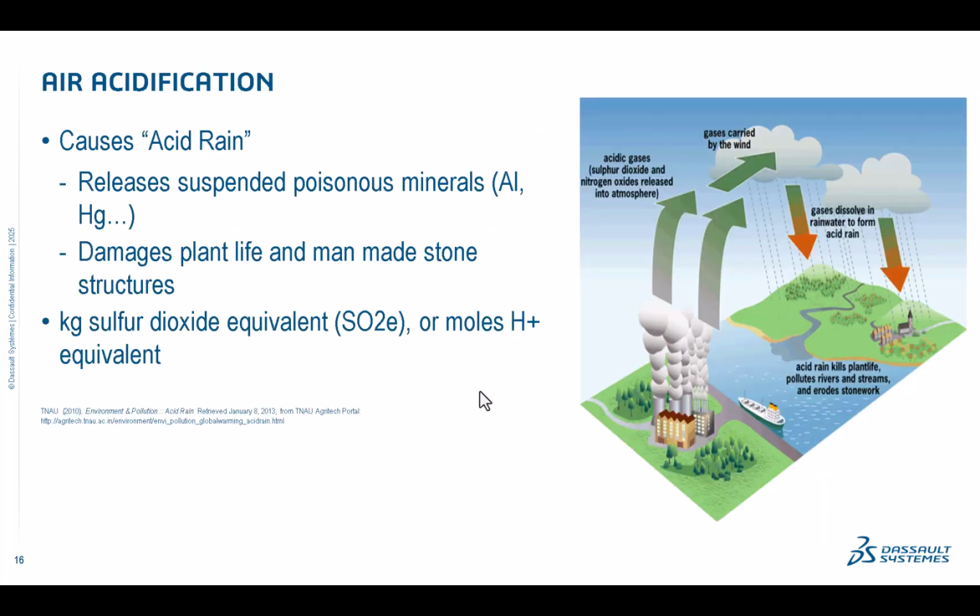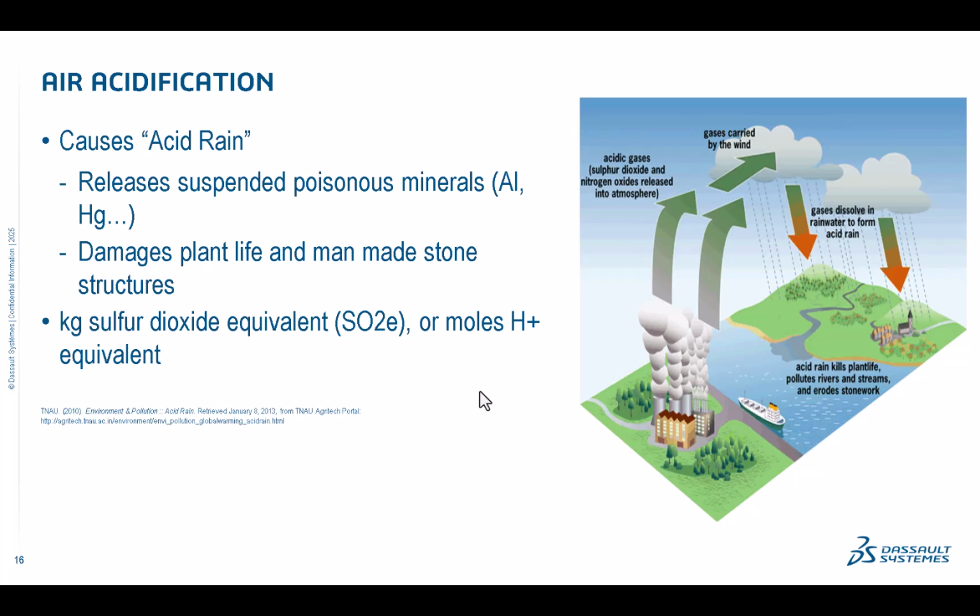Next is air acidification, so the release of sulfur dioxide and oxides of nitrogen into the atmosphere from industrial processes goes up into the atmosphere and then falls back down as rain with a lower pH than would normally happen. So it's acid rain. It can cause damage to plant life and man-made stone structures, but really the biggest concern with air acidification is the release of poisonous minerals that are commonly embedded in soil.